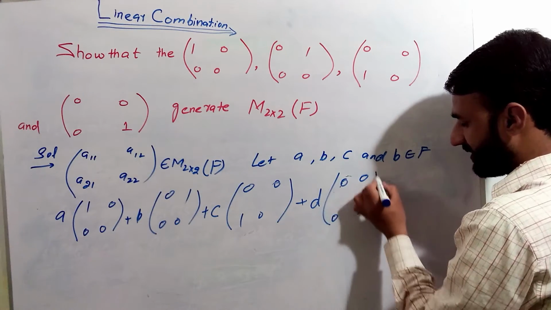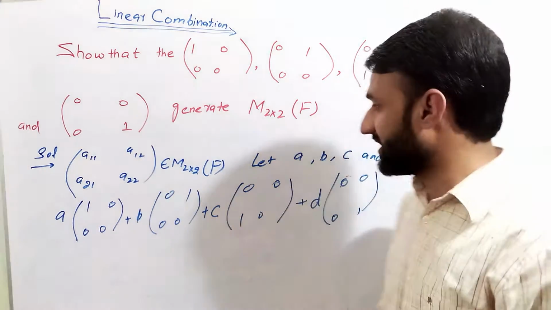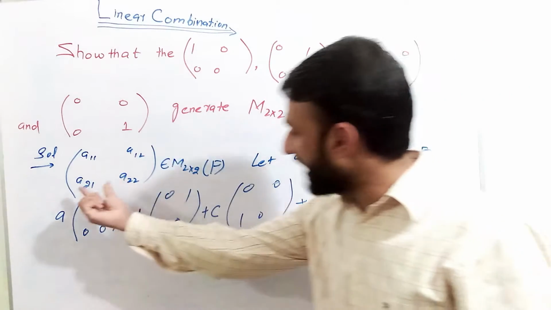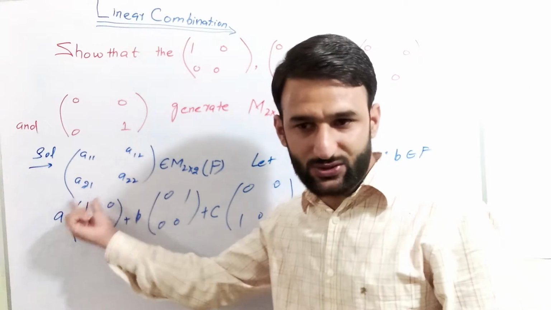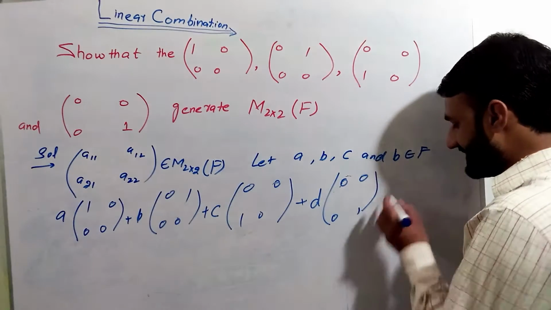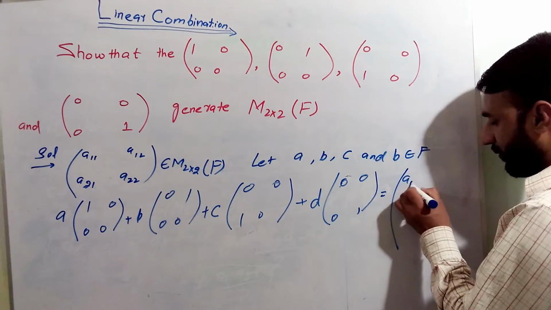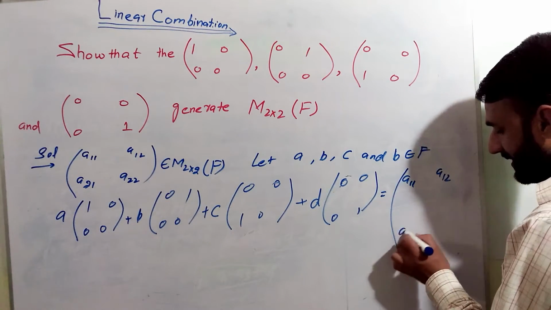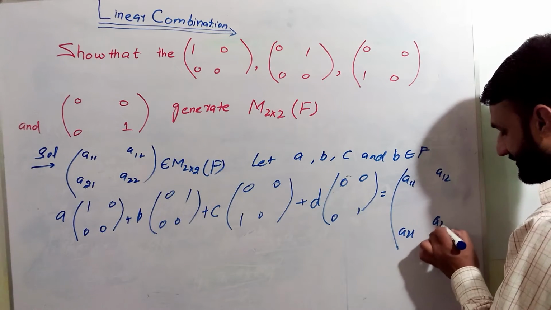Here the entries are basically 0 and 1. Now we are to generate this matrix. Then we take the supposition that the matrix is a 2 cross 2 matrix, where the entries are A11, A12, A21 and A22.